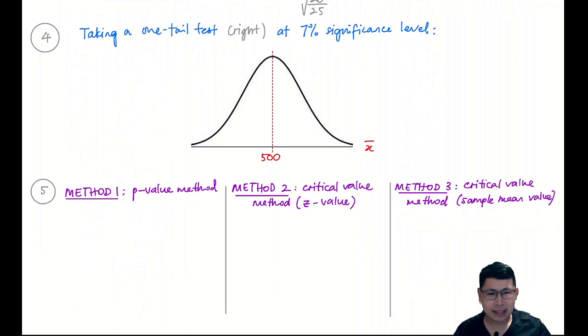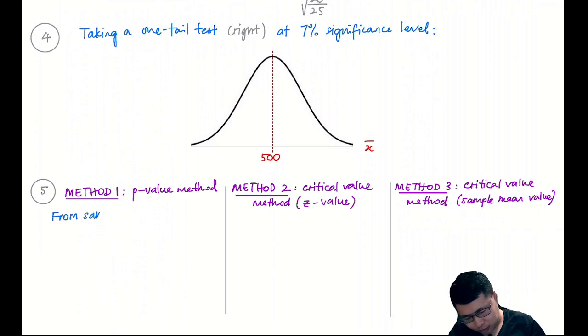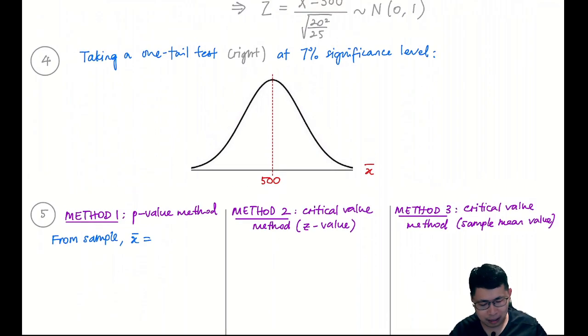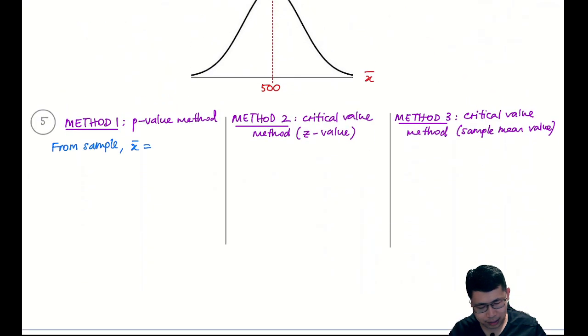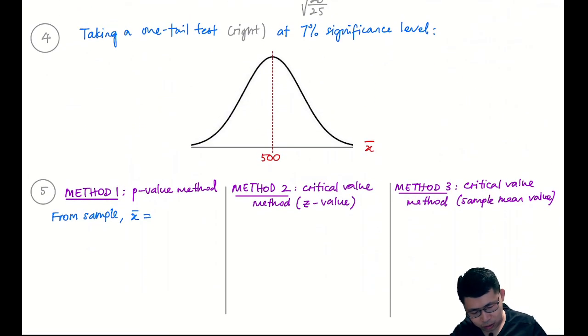Now let's take a look at what we have from the sample. Let's calculate what the sample mean is first. Our sample mean would be the given data above, 12625, divided by 25 loaves.